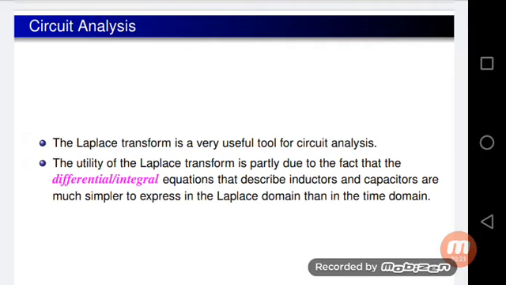The utility of the Laplace transform is partly due to the fact that the differential equations that describe inductors and capacitors are much simpler to express in the Laplace domain than in the time domain.